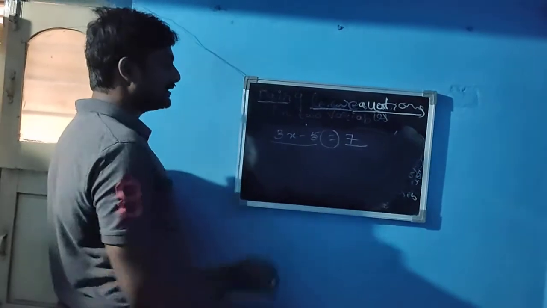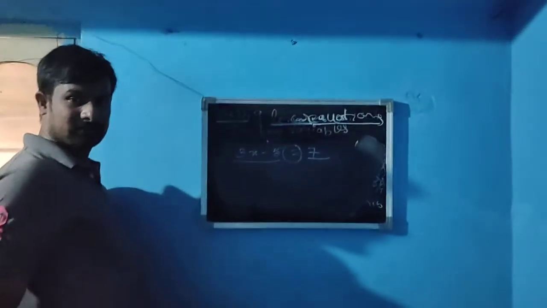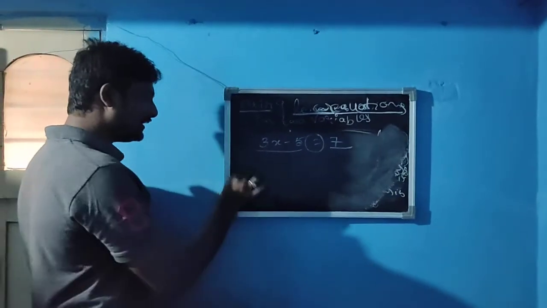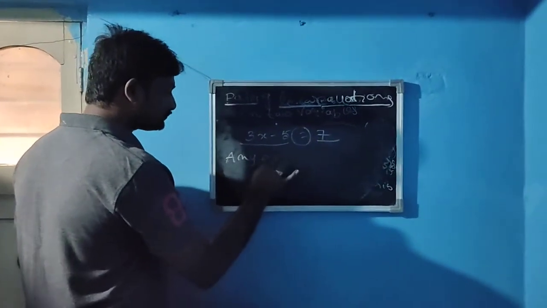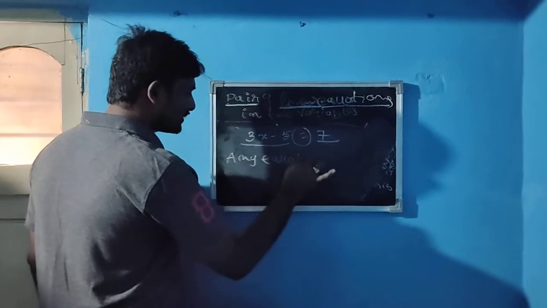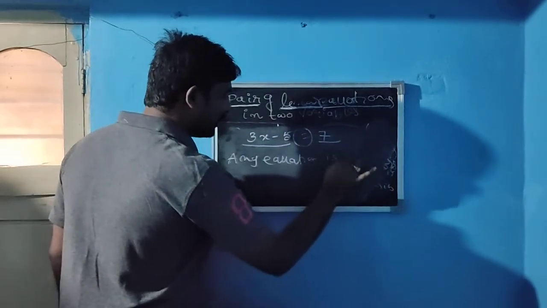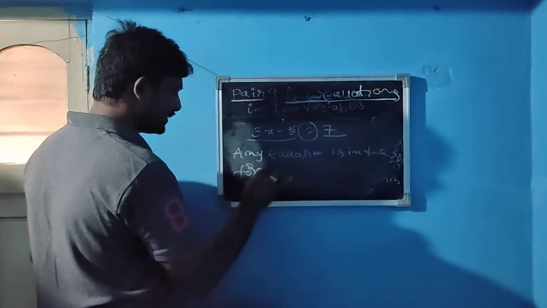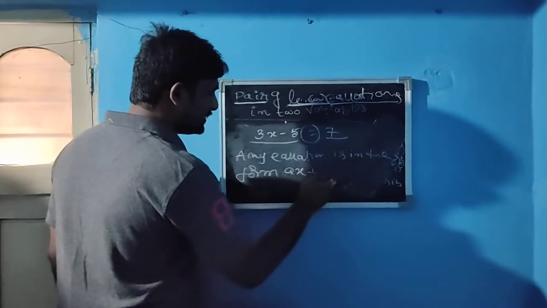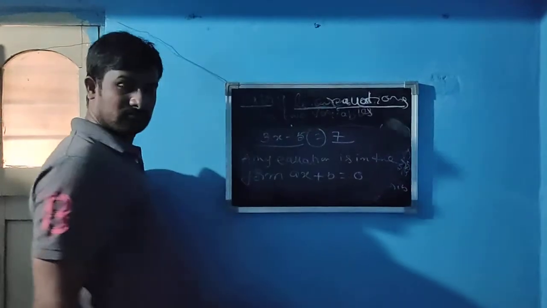But here we are discussing linear. What is the meaning of linear? Any equation in the form of ax plus b is equal to 0.